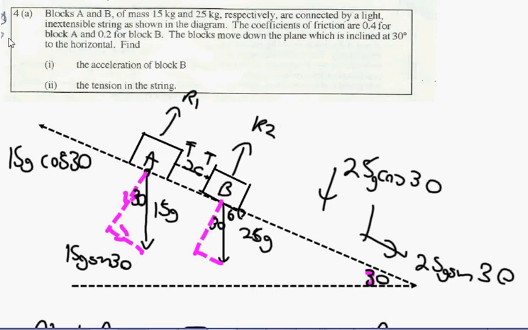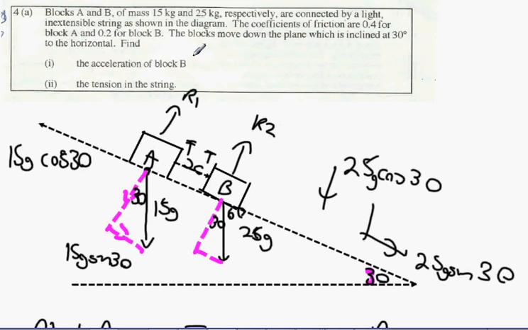Now, why are they going to have a common acceleration, can you tell me? Well, block B encounters less resistance, so block B would be going faster on its own, but because it's tethered to block A, they're going to have a common acceleration of A. So that's very important to know, that the system's set up that particular way.